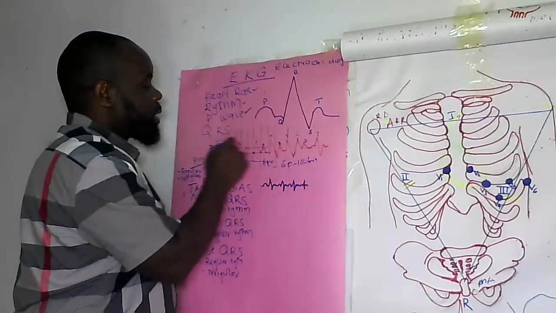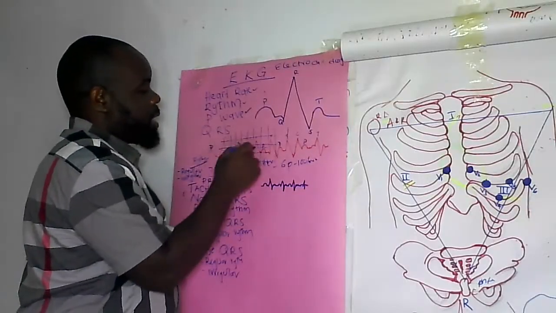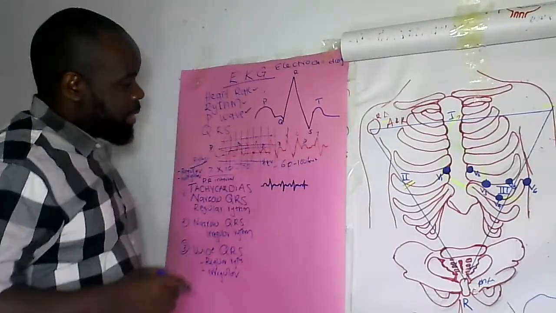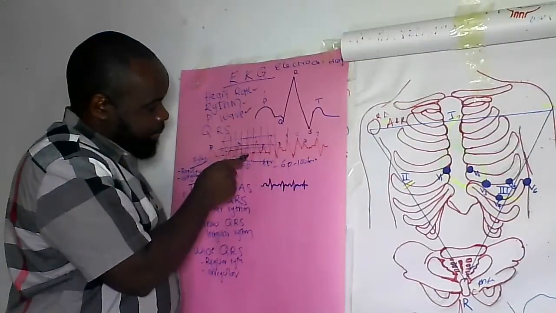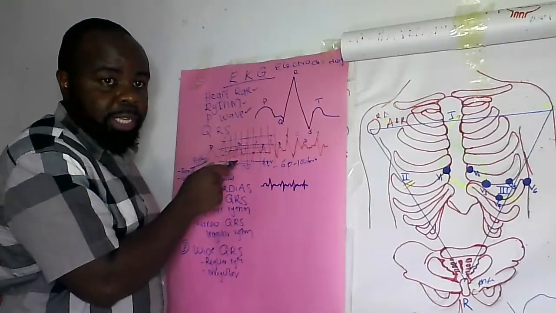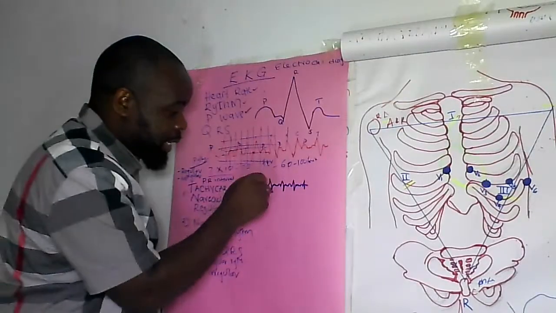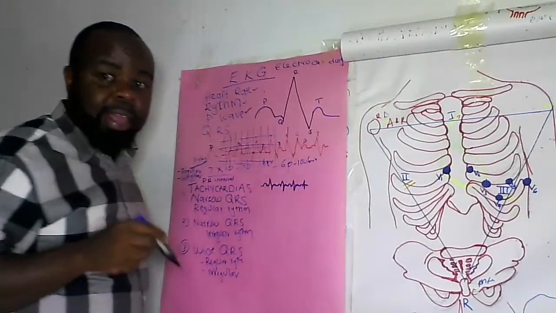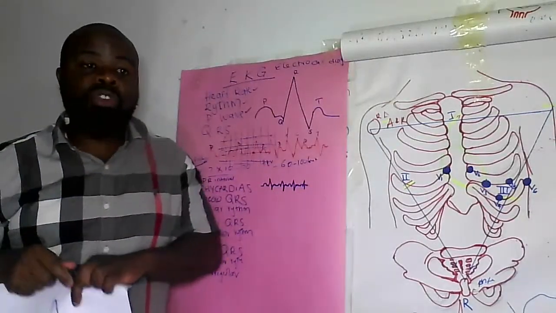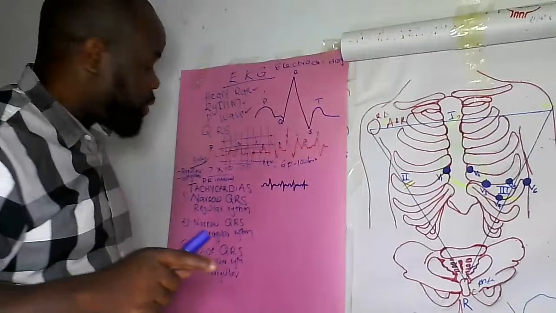So you count on your EKG, and you find that the QRS complex is not within 5 boxes. It is within 3 boxes, which is below 0.12 seconds.